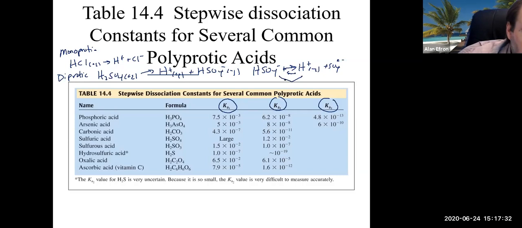Again, the first part is considered a strong acid. So when we have H pluses coming off in a polyprotic acid, it's in a stepwise fashion. What that means is in most cases, outside of sulfuric acid, for example, you can have a K value for each of the steps along the way.